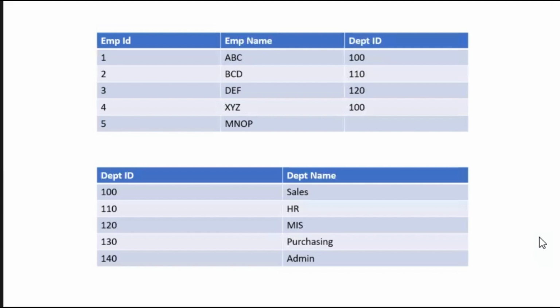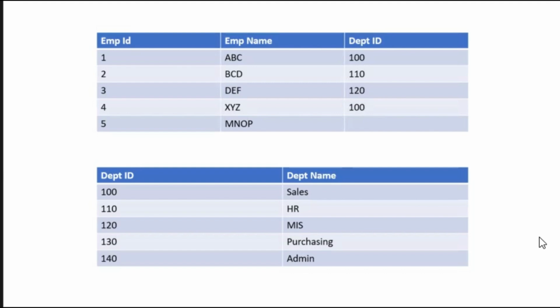So if you want to know which department does ABC belong to, how will you know? There has to be something common between the two tables. Yeah, the ID. So here you will take 100, go to the department table and fetch the value corresponding to 100.